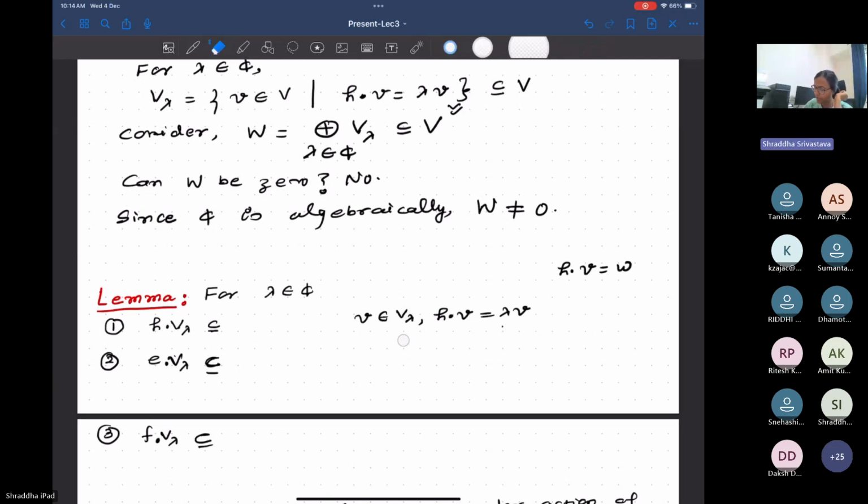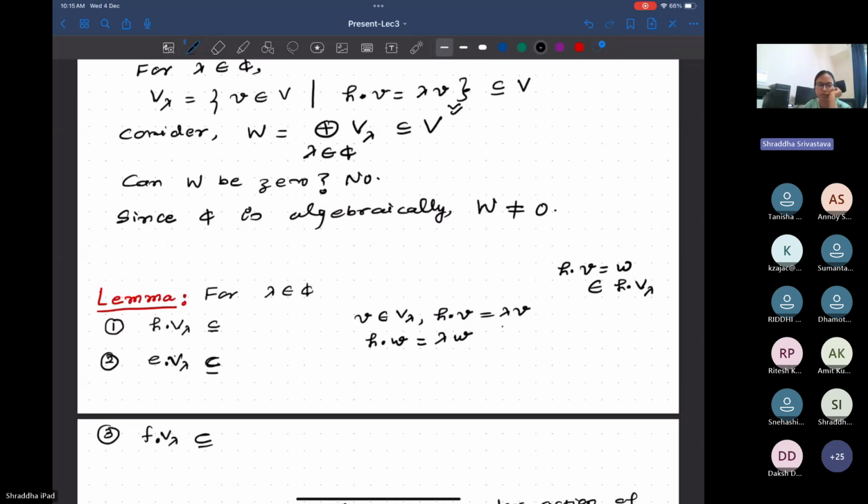So this H dot V, which equals W, is an element in H dot V lambda. So we want to understand what happens when you apply H to W. So what we did exactly, we get lambda times W.